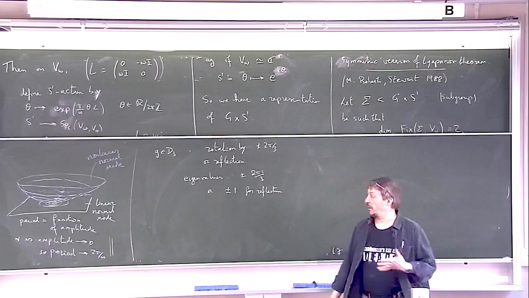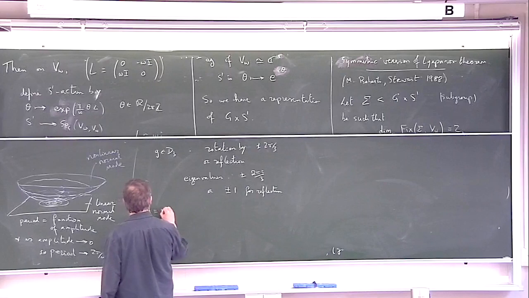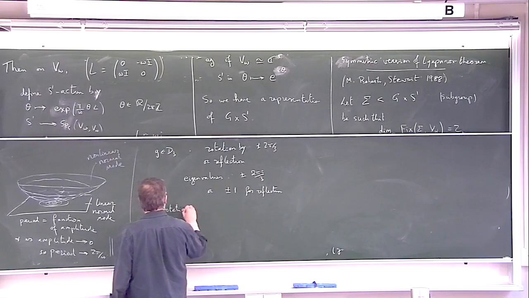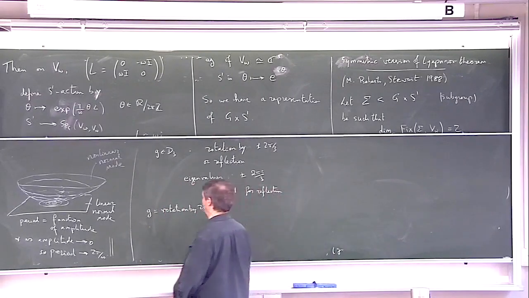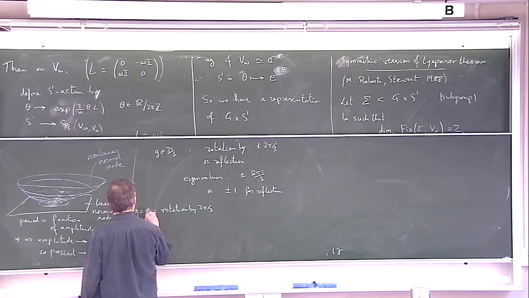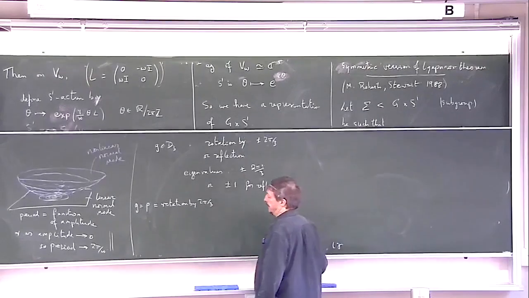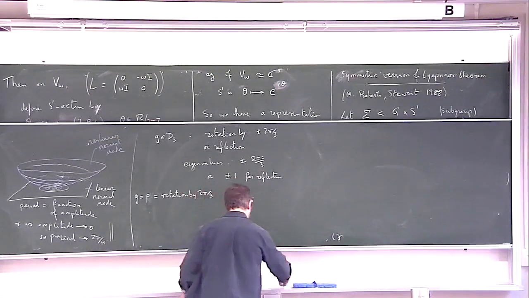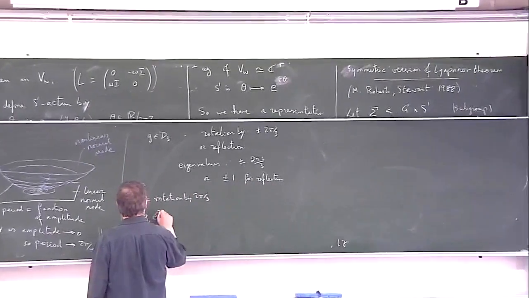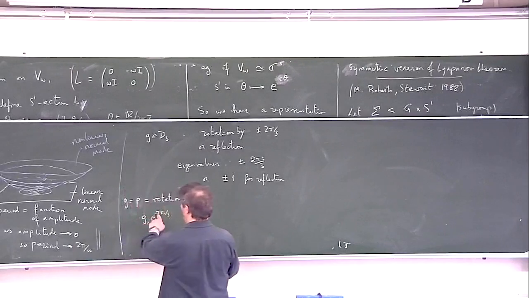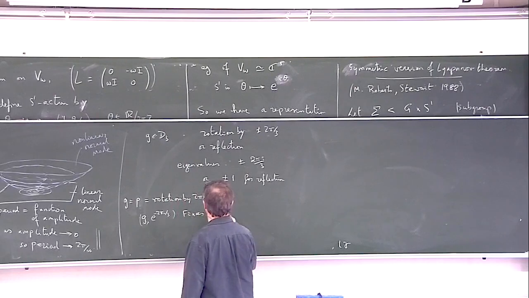So there are lots. Suppose G is that rotation. Let's call it rho. Then we can combine that with an eigenvalue, plus or minus, it doesn't matter, and it fixes z equals, well, what is it?